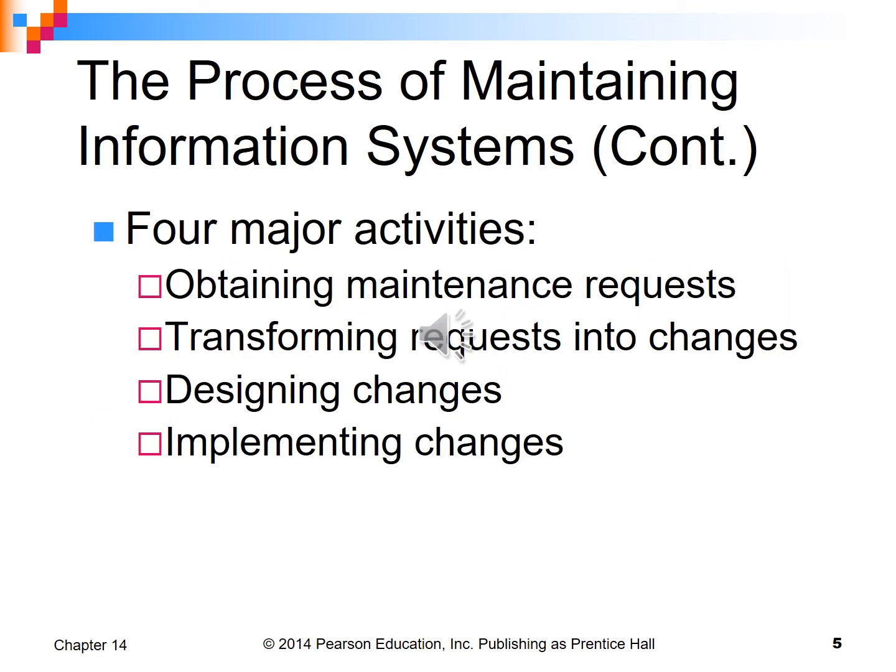Well, as we said, what are really the major activities? First of all, we'll get the request from the customer. The customer needs to change the system for many different reasons. And we'll find out what the reasons are, or what type of maintenance we are going to do, shortly. Then we take these and we transform them to changes.